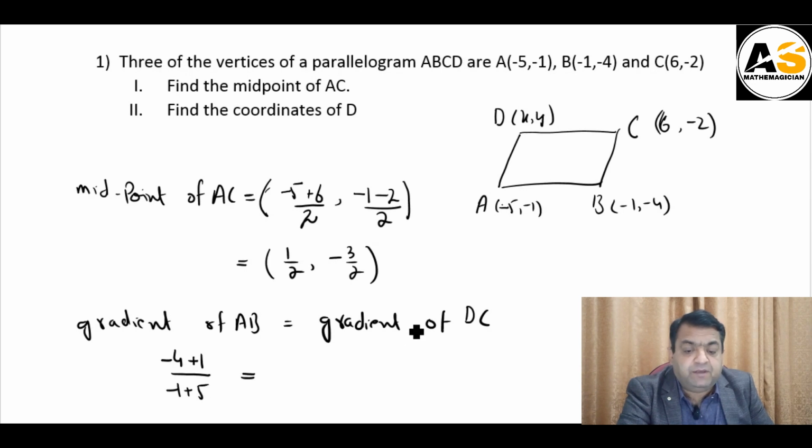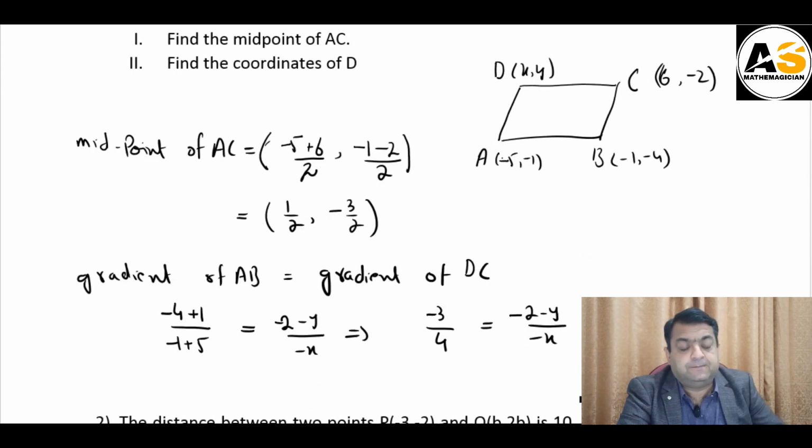This is the gradient of AB. And the gradient of DC is (y2 minus y1) over (x2 minus x1). This will be (-2 minus y) over (6 minus x), which will give me (-4 plus 1) over 4, that is -3/4, is equal to (-2 minus y) over (-x).